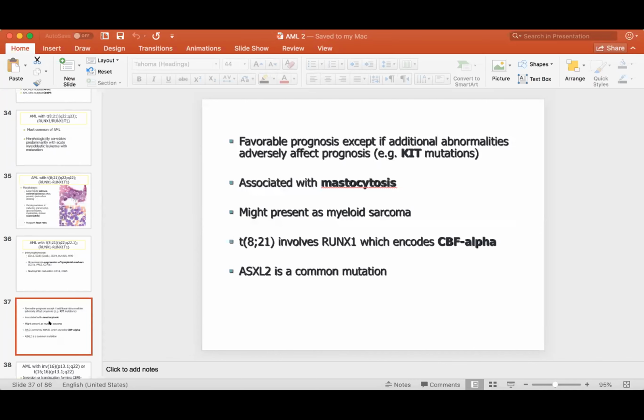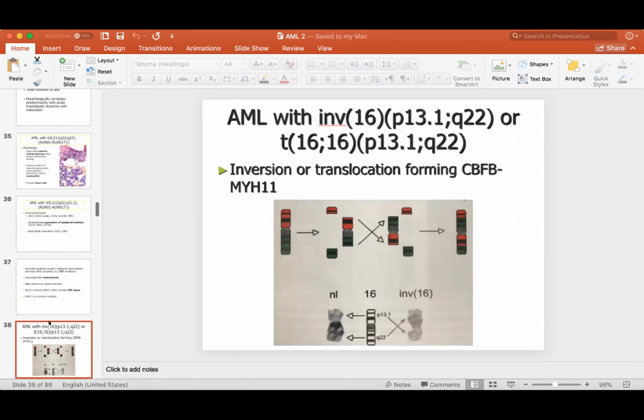Translocation 821 involves RUNX1, which encodes for CBF alpha, or core binding factor alpha. The gene that is commonly mutated in this type of AML is ASXL2, and we detect that by NextGen.